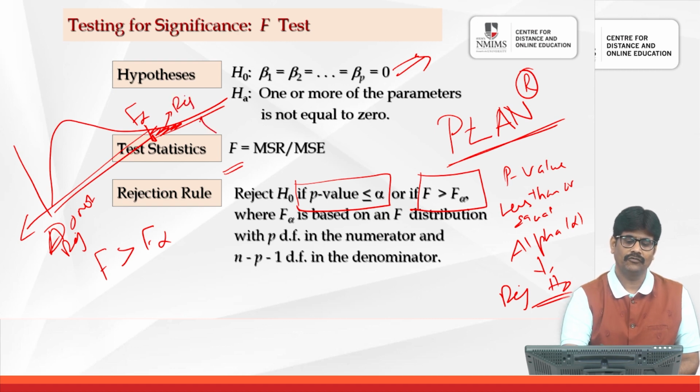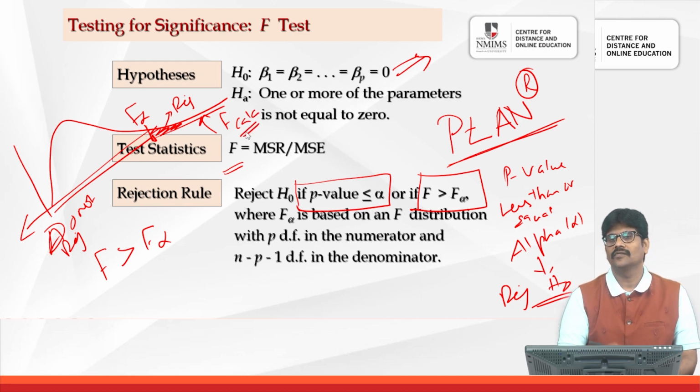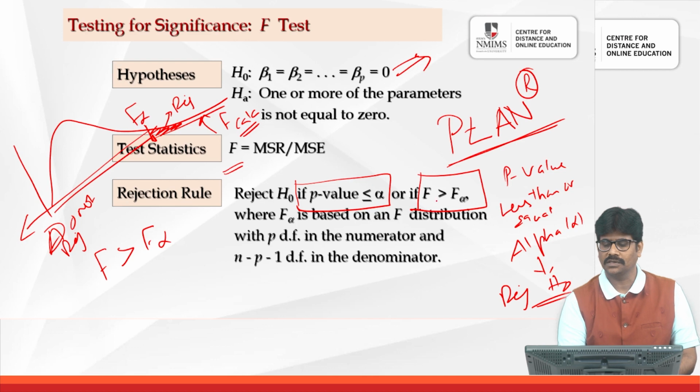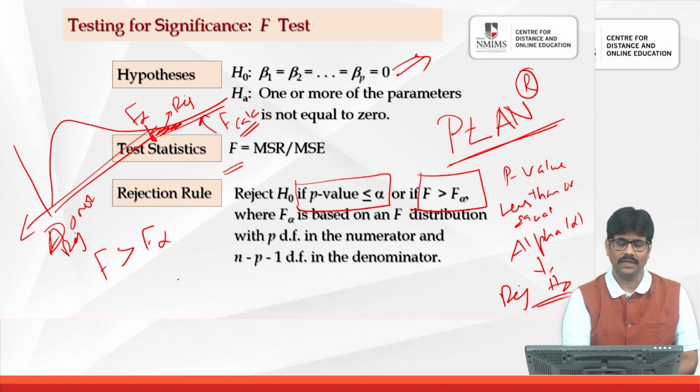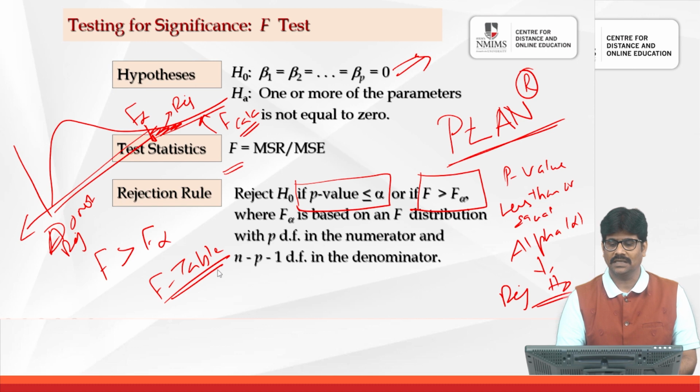If the F calculated value falls in this rejection region, then again we reject the null hypothesis. That is what is given here. In terms of calculating this, we need what is called the F table. Just remember this at the back of your mind. These days Excel is there to give the F value, but in this case we are going only for the F table.